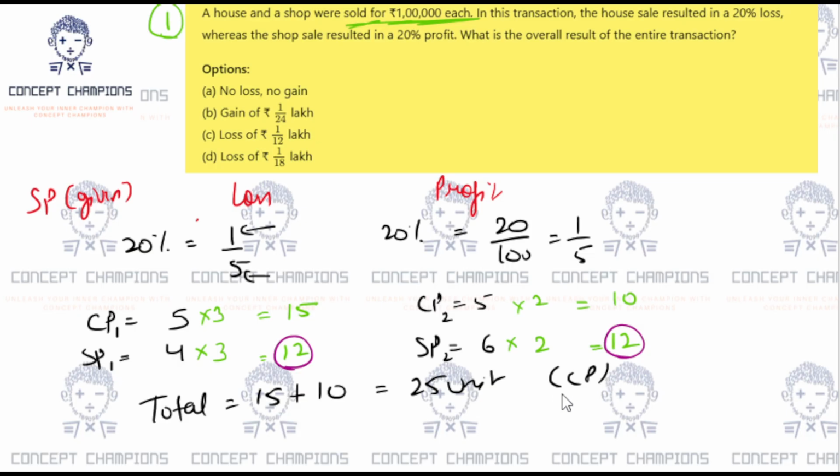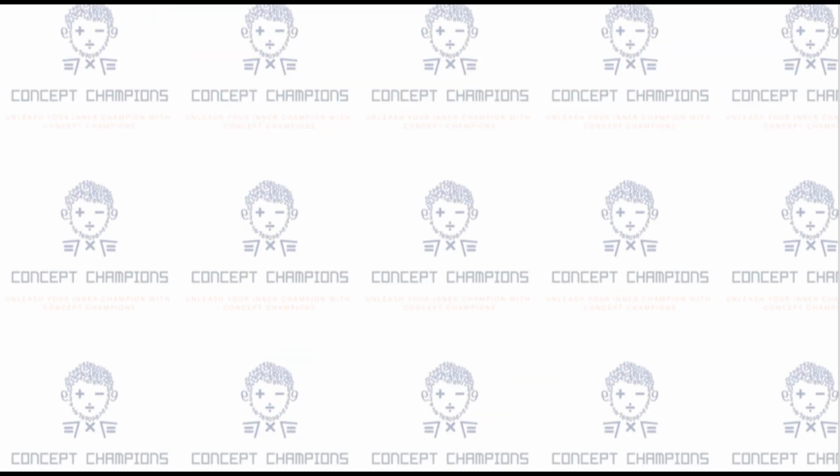Total SP is 12 plus 12, that is 24 units. So eventually you are suffering from a loss. Loss is equal to CP minus SP, which is 25 minus 24. So 1 unit is my loss.